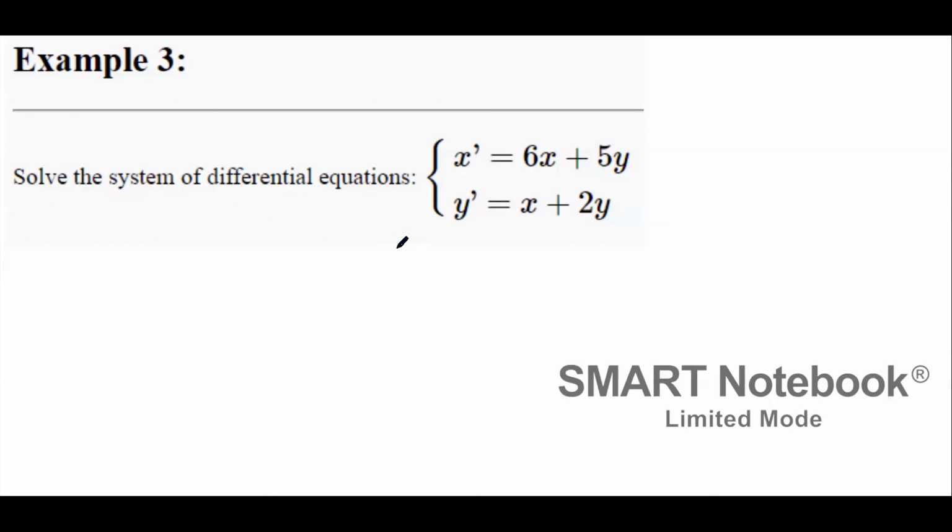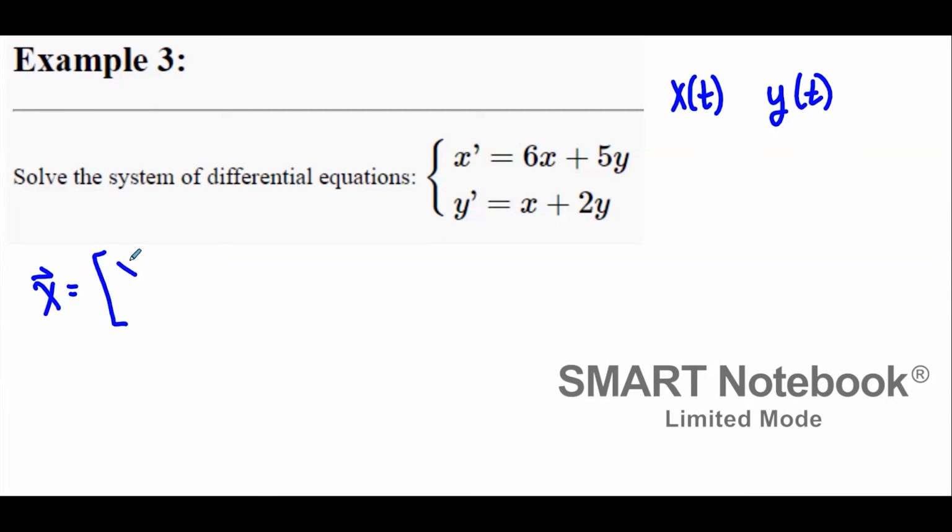All right, so we're going to do another example. And we have, instead of y1, y2, we just have functions x and y. So here, x is some function of t, and y is some function of t, and we want to know what those functions are. So that will be the solution. So we'll call it solution vector x.